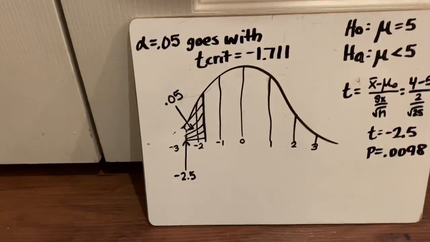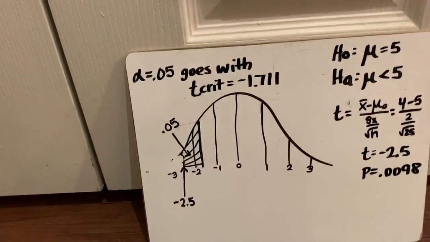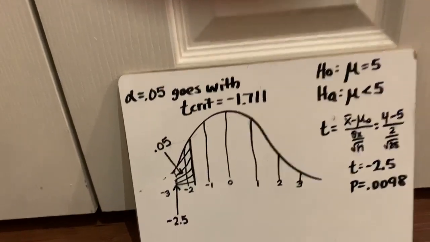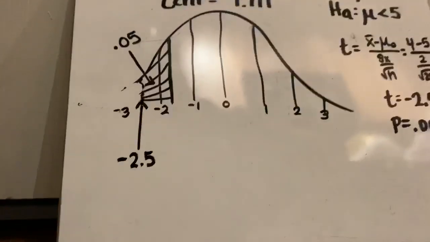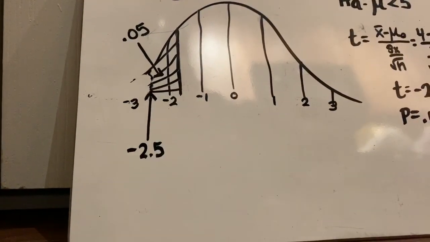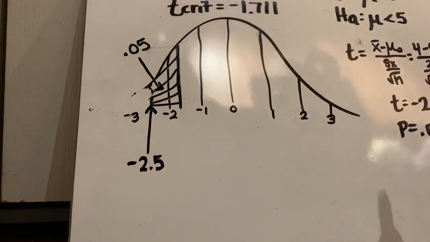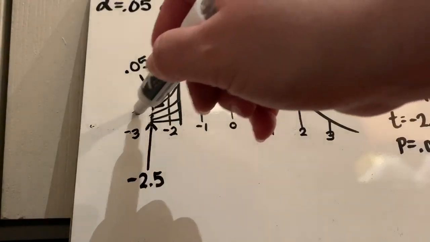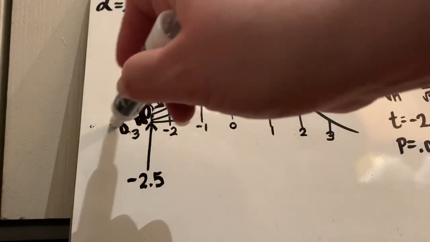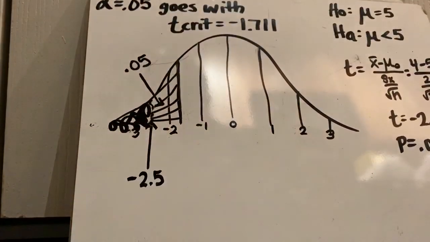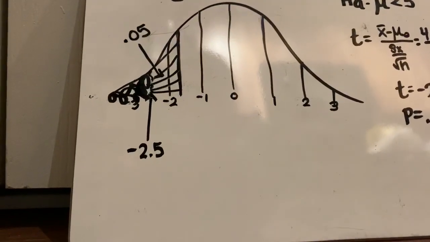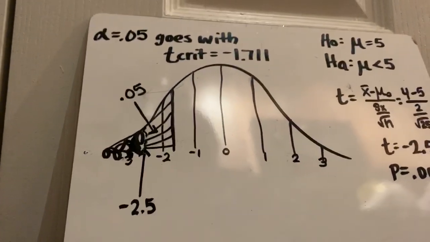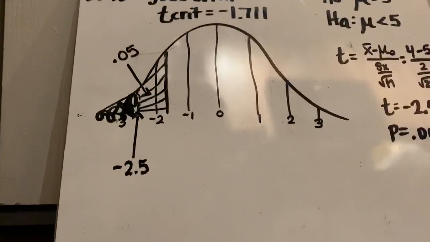So anything to the left of negative 2.5, that represents the p-value, that is the probability of getting a sample as low as we did if the null hypothesis is really true.